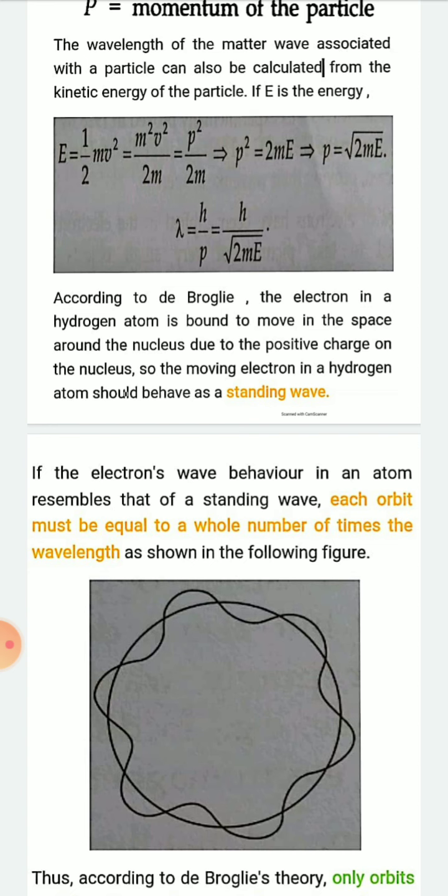So when an electron revolves around the nucleus, it can also show some wave nature. According to de Broglie, the moving electron in a hydrogen atom should behave as a standing wave.